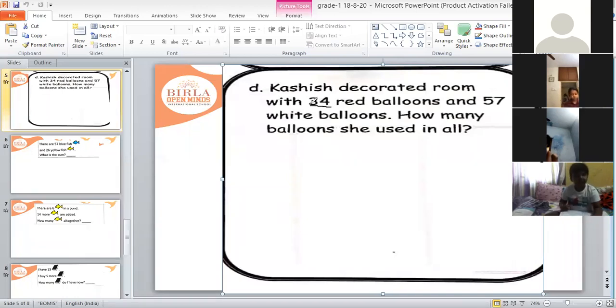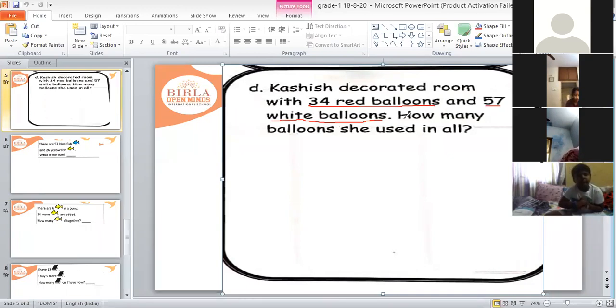She has decorated her room with 34 red balloons. Now she has used two color balloons, red and white. So she has used 34 red balloons and 57 white balloons.